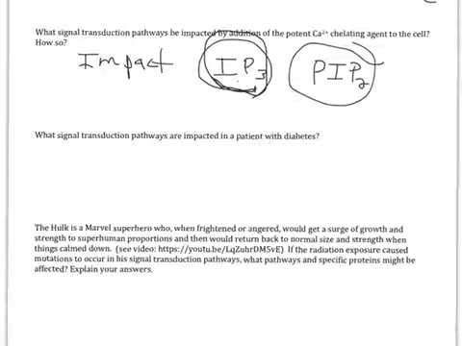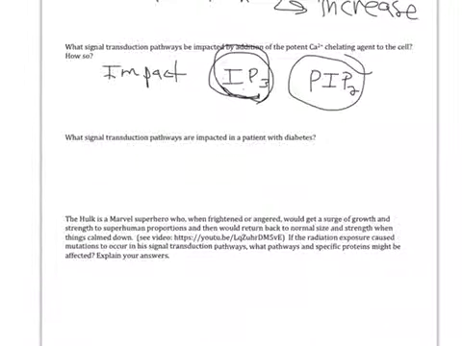So if you were to add a calcium chelating agent, you would block the second messenger release. Once the calcium's released, you would just bind and sequester it so it could not go on and do what it would normally do if it were free in solution.